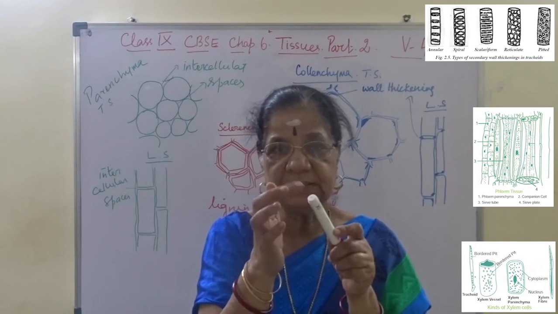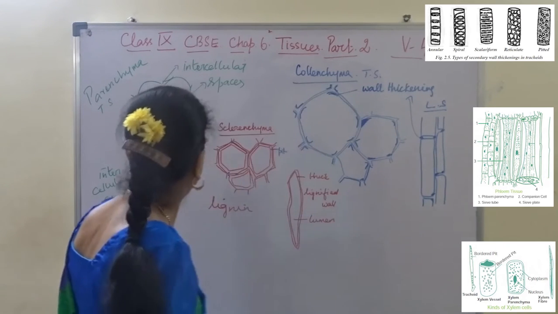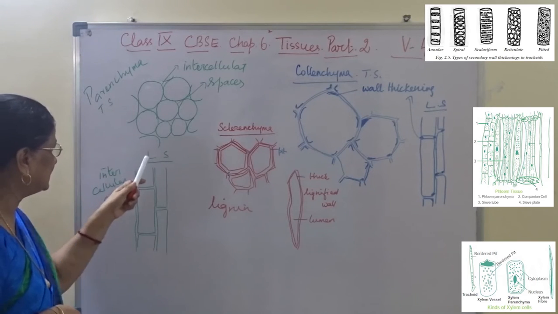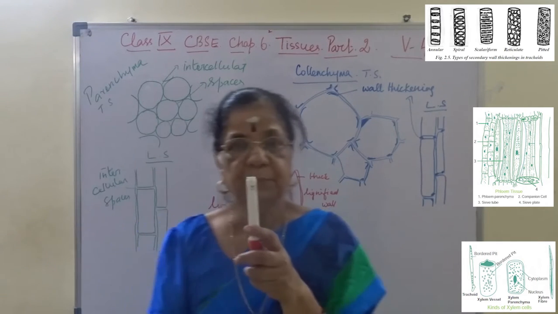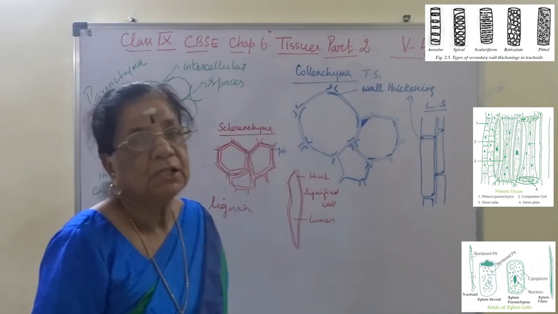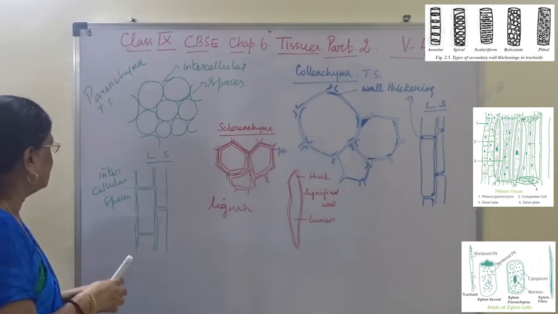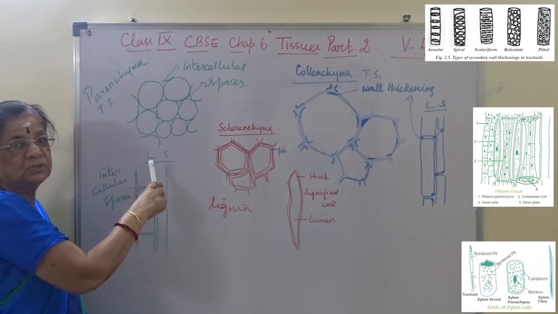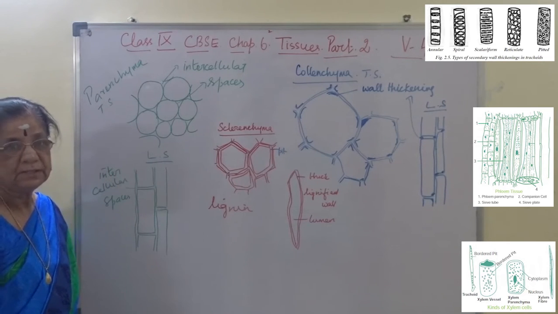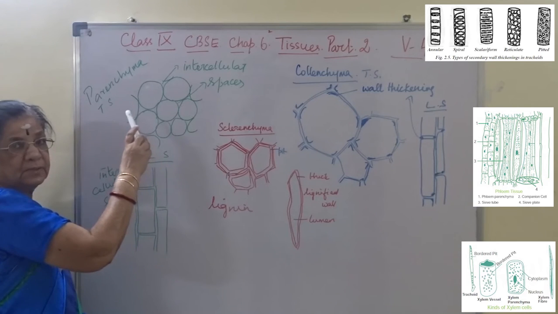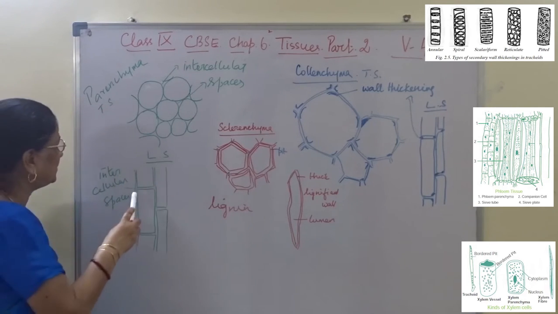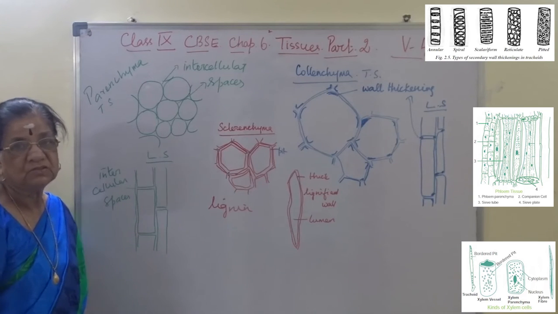Whereas this is LS: the same stem portion cut vertically is the longitudinal section. So LS is longitudinal section, TS is transverse section. Here parenchyma has intercellular spaces, and the same way here it has intercellular spaces.